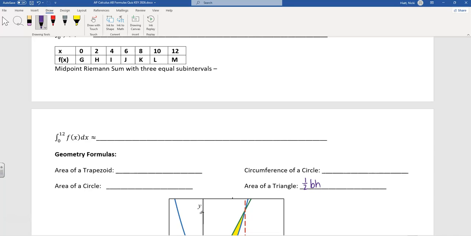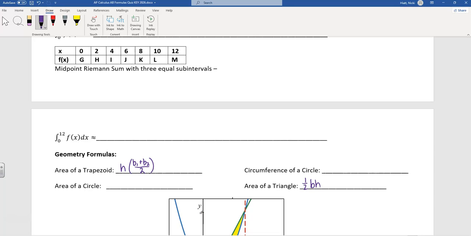Yes. So it is height times half of base 1 plus base 2, or we talked about it just being height times the average of the bases, right? So height times base 1 plus base 2 divided by 2.